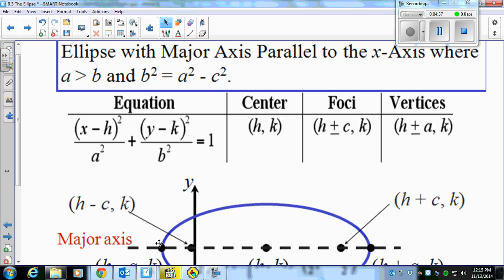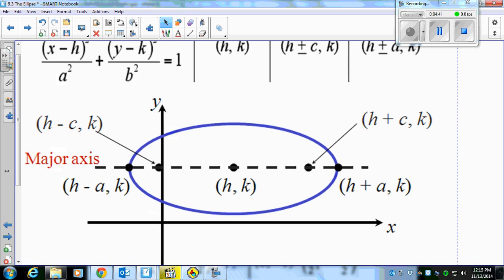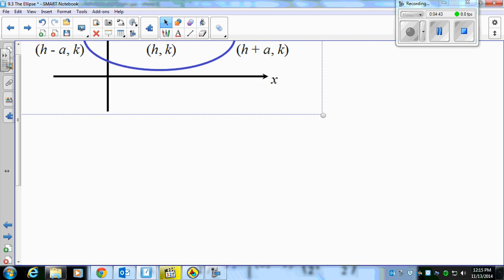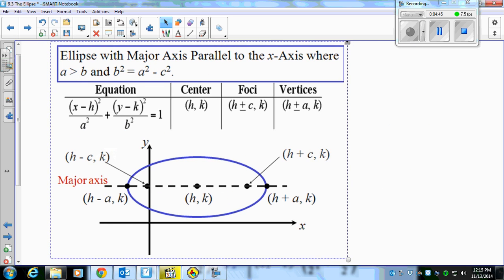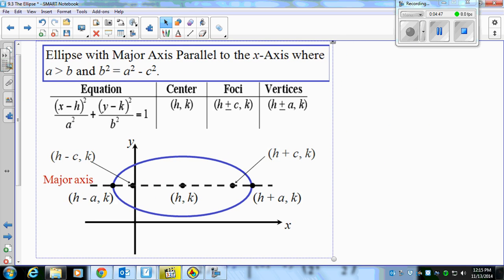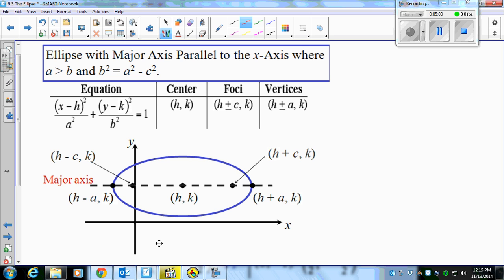These will be important to write down and have in your notes. Notice that for an ellipse that is squished down from top and bottom and elongated left and right, where the major axis is horizontal, your A value needs to be under your x. Be careful with these a's, b's, and c's.